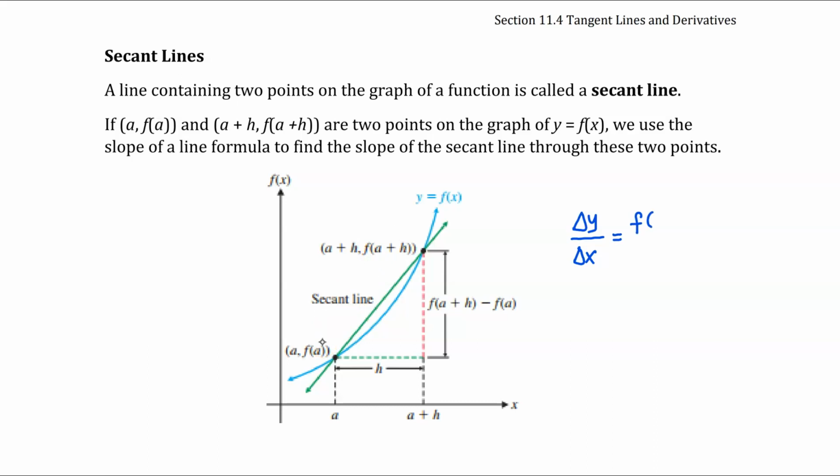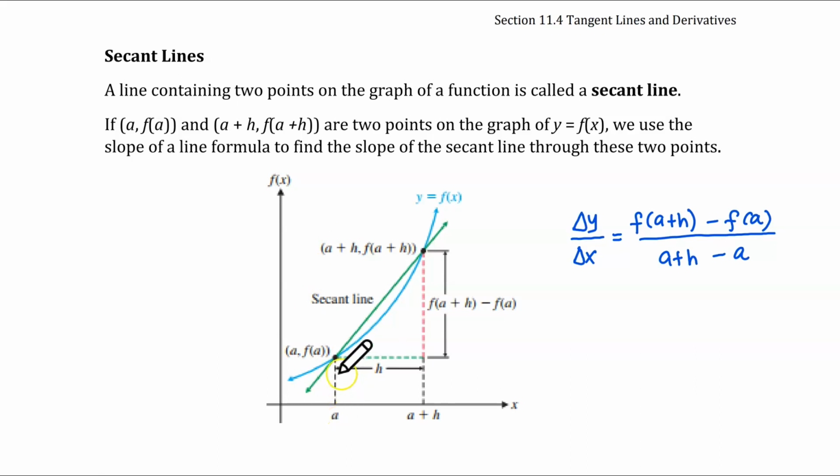So you have f(a plus h) minus f(a), divided by the change in the x coordinates. So to obtain that, you just subtract: a plus h minus a. And a plus h minus a is just equal to h.